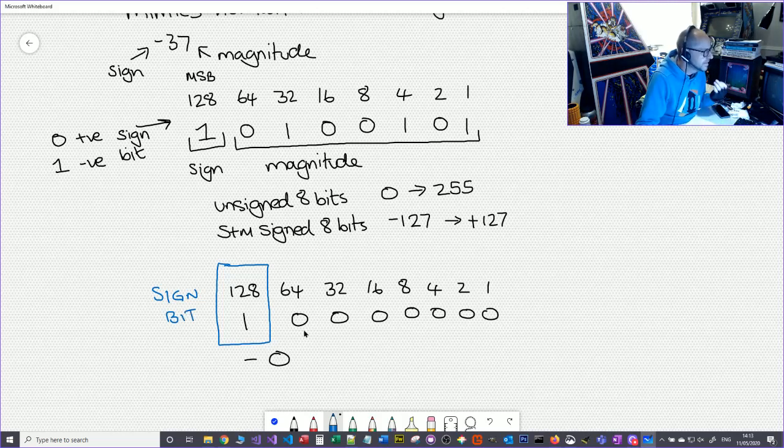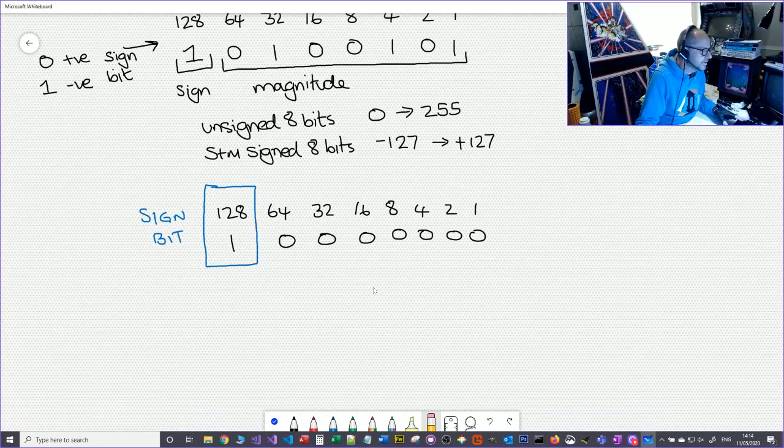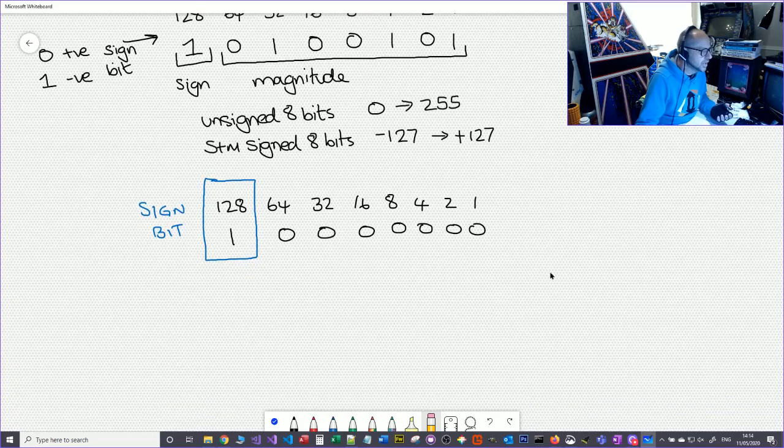Okay, so if I want to write down the number plus 250. Now, in an unsigned 8-bit value, I would be able to represent this because that's within the range, but here that's too big.